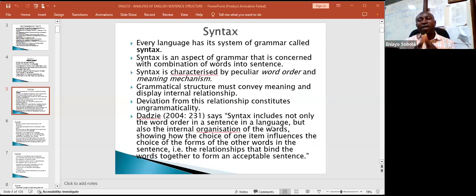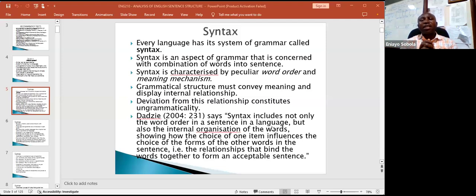If you are to examine grammar properly, we have morphology and syntax. Syntax is just an aspect of grammar, while morphology is another aspect of grammar. And I bet that this first semester we are going to do morphology also. Those are the two core aspects of grammar. And every language has a system of grammar called syntax.